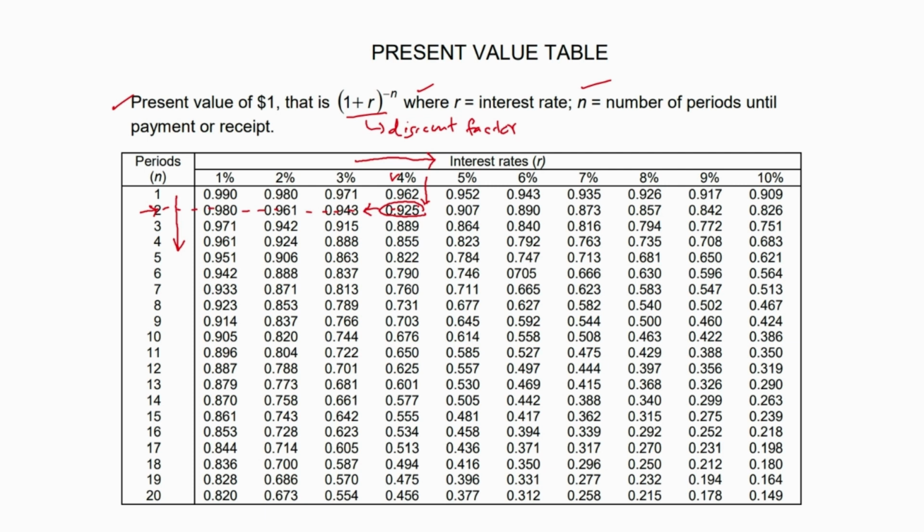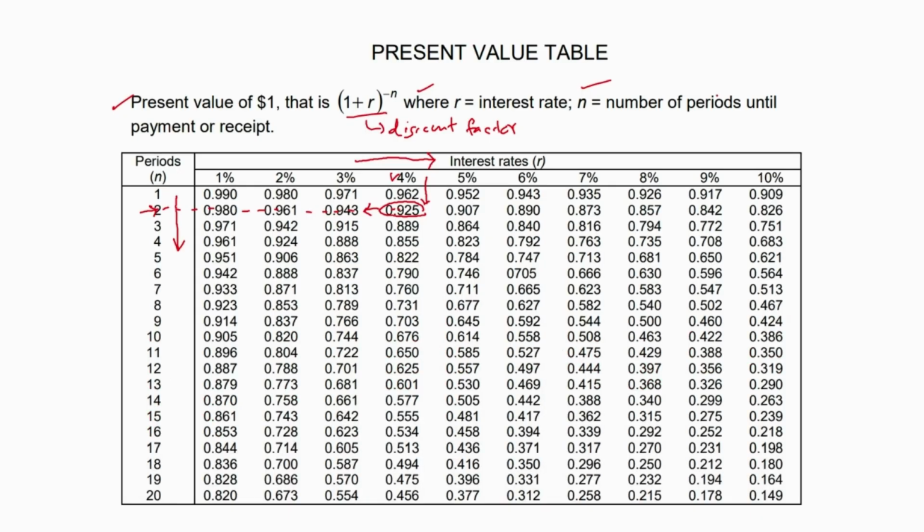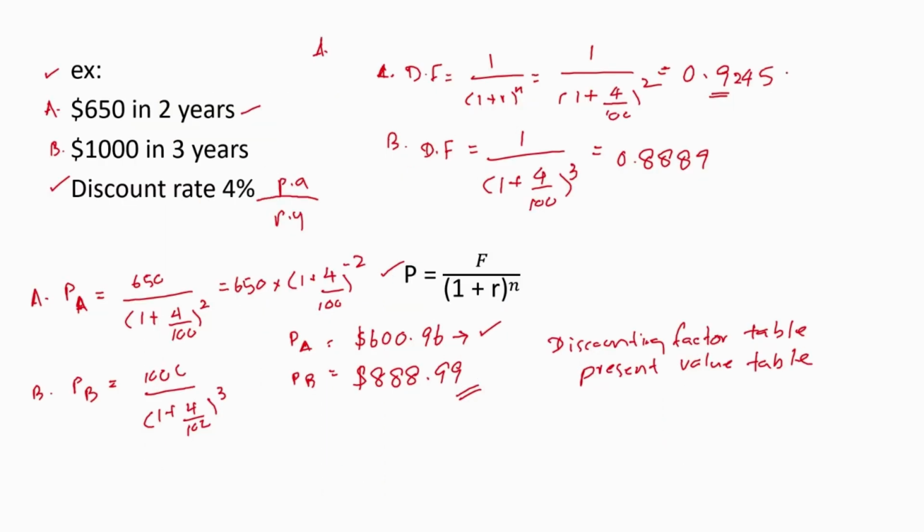Let's check: 0.925, 0.9245. The table gives us 0.925, which was rounded off to 3 decimal places. Likewise, now we can refer to the present value table to find the discounting factors.